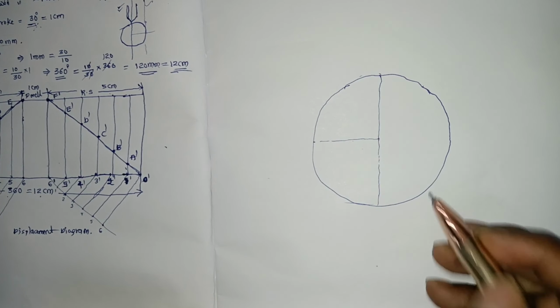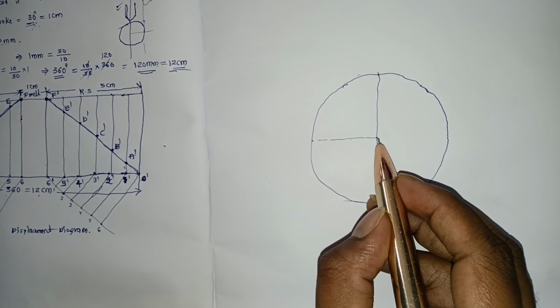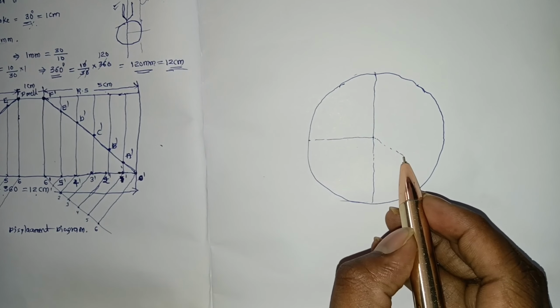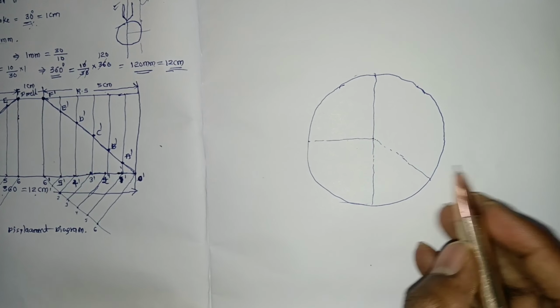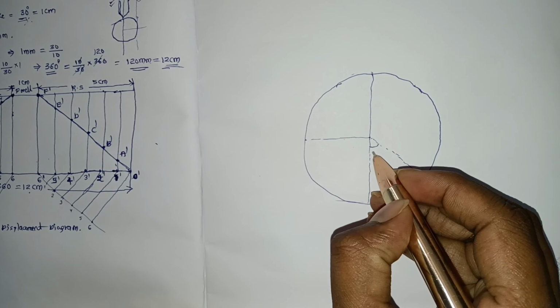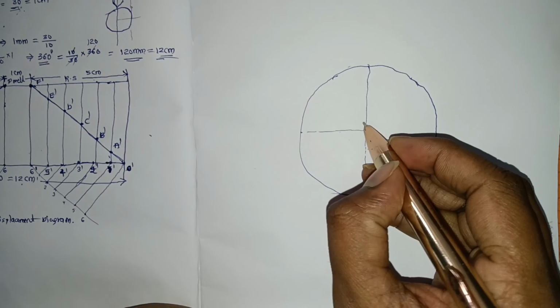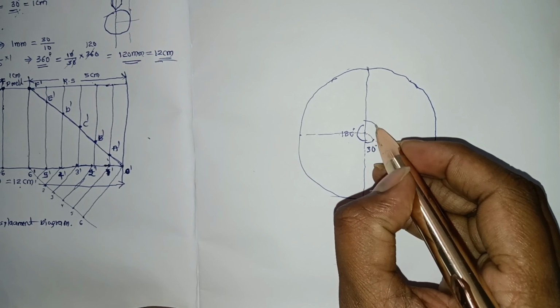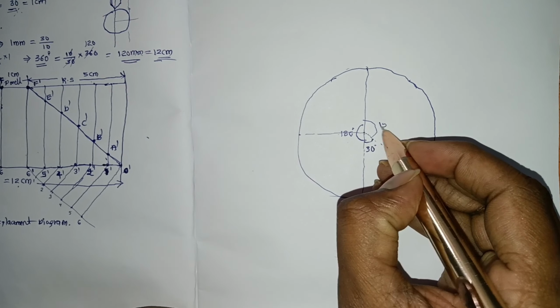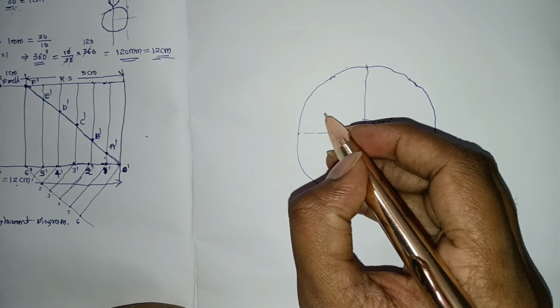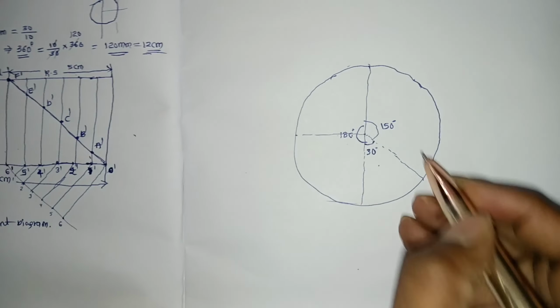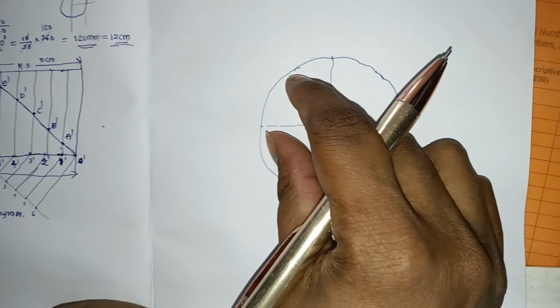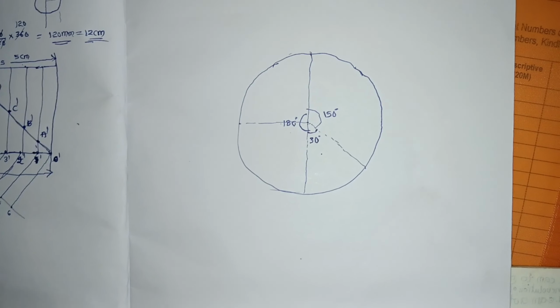This is 30 degrees, this is 180 degrees and the remaining is 150 degrees. This is the rise, this is the dwell, and this is the return. Upward stroke, dwell, and downward stroke.